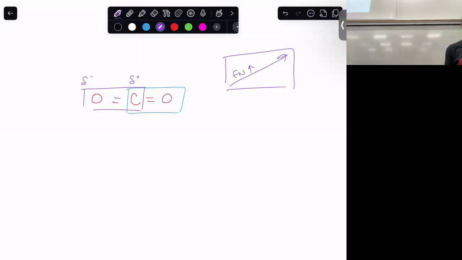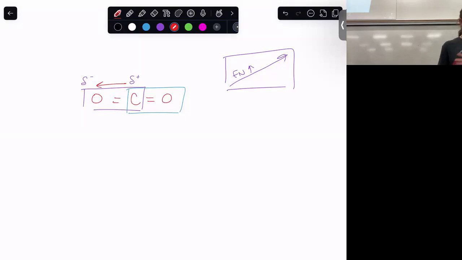If we have those partial negative and partial positive situations happening, that's what we create as a dipole. To show which atom is more electronegative, we point towards it with the dipole arrow. So here we'll point towards the oxygen, saying the electrons are going to spend time towards that oxygen.